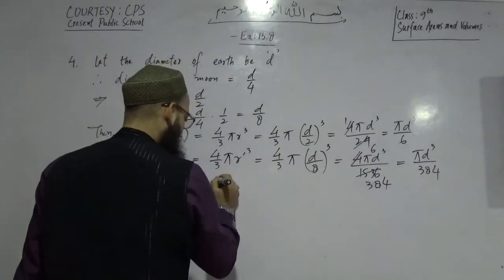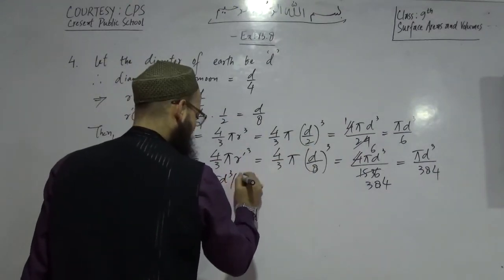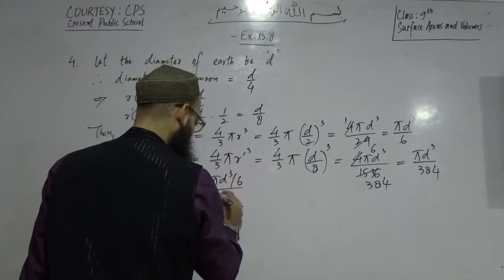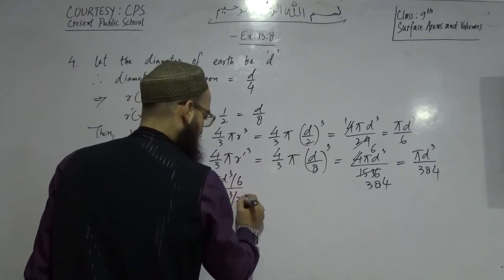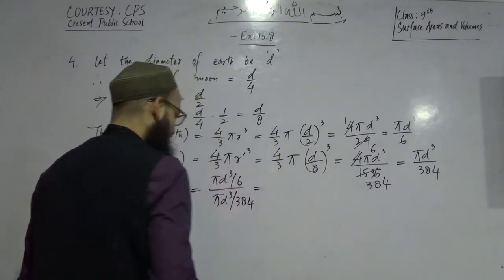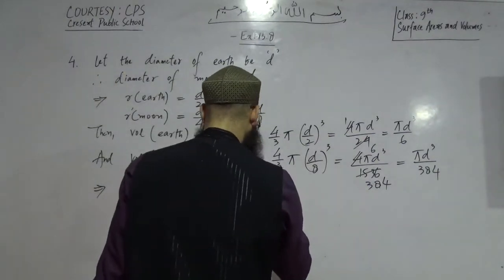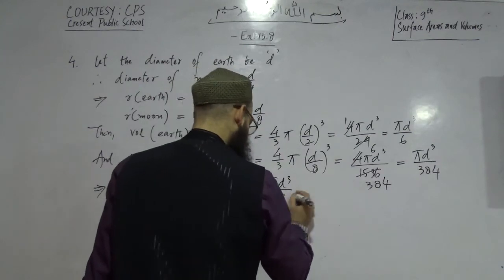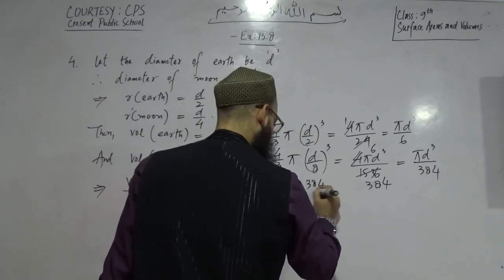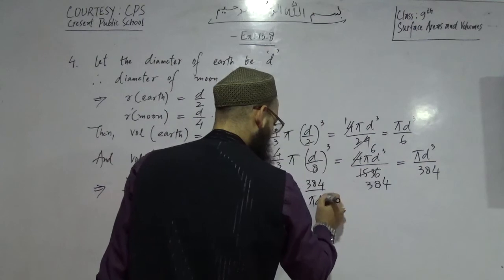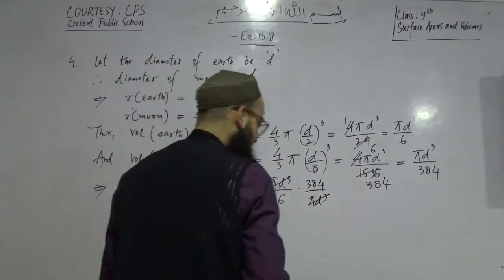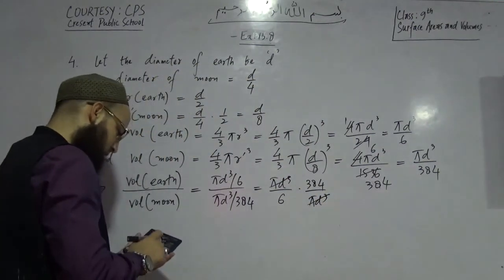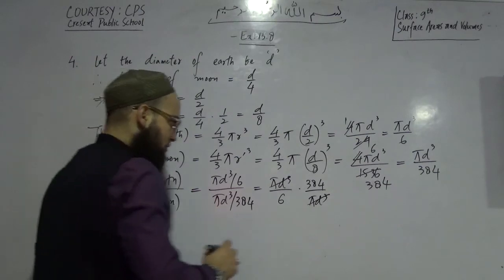That will give you pi d cube by 6 divided by pi d cube by 384, that is pi d cube divided by 6 times 384 divided by pi d cube. Now pi d cube gets cancelled. 384 divided by 6 will give you 64.